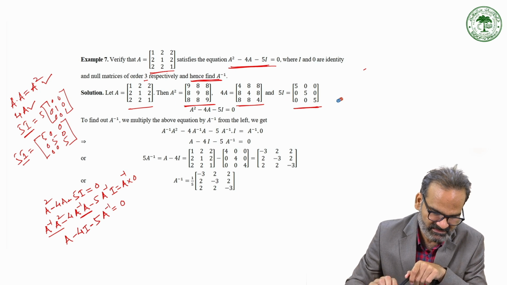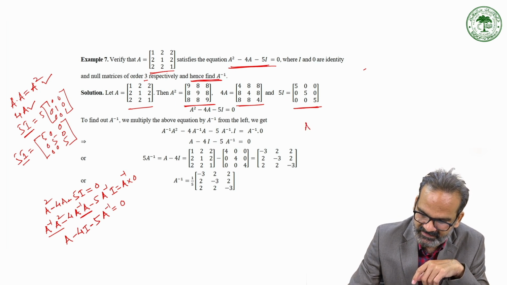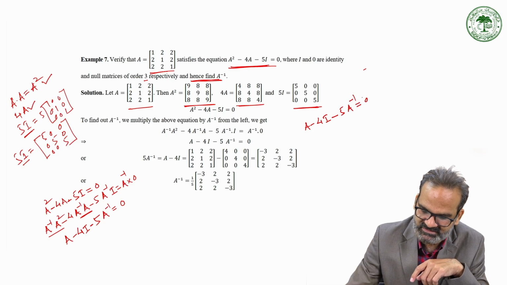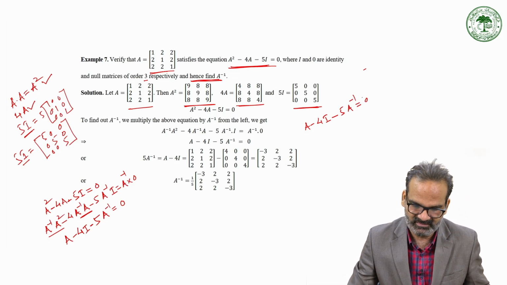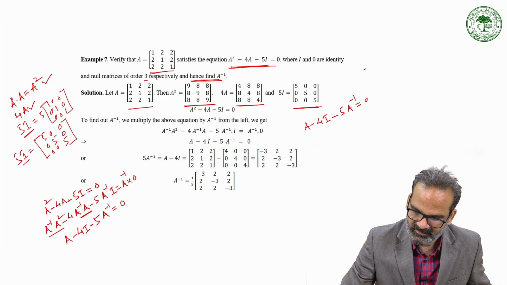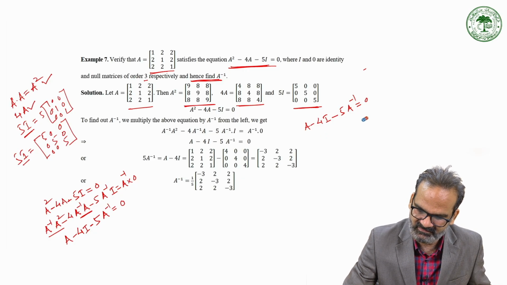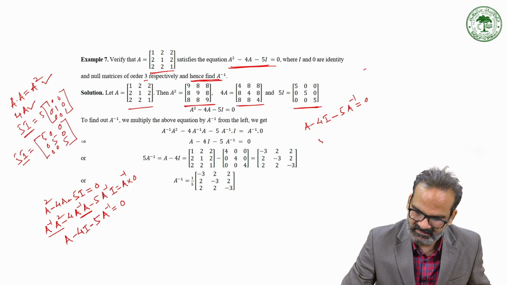Our equation is A minus 4I minus 5A inverse is equal to 0. We want to calculate A inverse. So take minus 5A inverse to the right hand side. What will be the value of 5A inverse? 5A inverse is equal to A minus 4I.